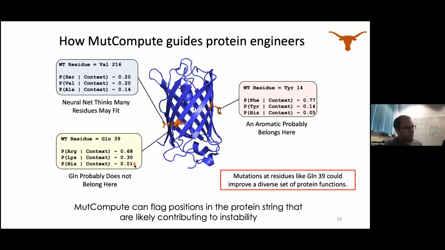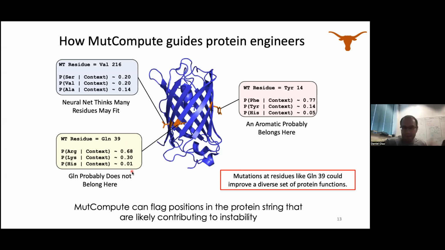And then the third amino acid, histidine, which can also be protonated and be cationic, got 1%. So 99% of the probability at this microenvironment was assigned to a cationic amino acid. These tend to be the ones that we prioritize for engineering because there's a fundamental change in the chemistry that we're putting in the masked microenvironment. We're moving from a polar neutral amino acid to a cationic amino acid.